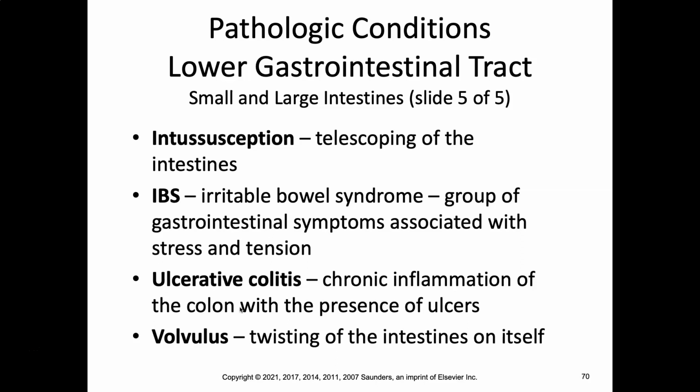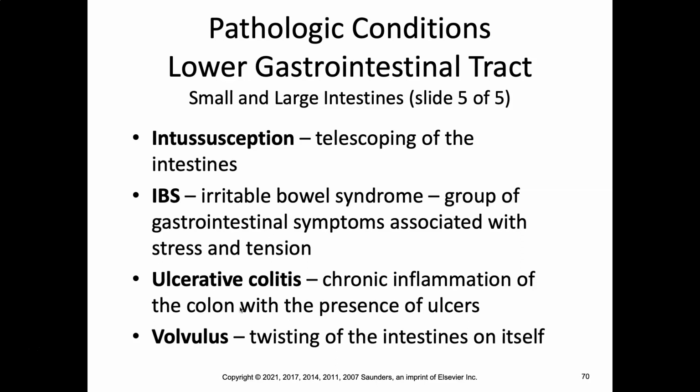This is where the intestines telescope, and I'm going to let you read through that in your book, or you can look that up to see what that looks like, but let's just say it's very unpleasant and can result in surgery. Irritable bowel syndrome, that's a group of gastrointestinal symptoms that are associated with stress and tension that upset the bowel. Ulcerative colitis, chronic inflammation of the colon, and there are ulcers from this inflammation.